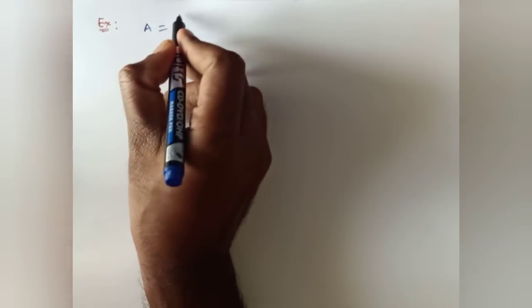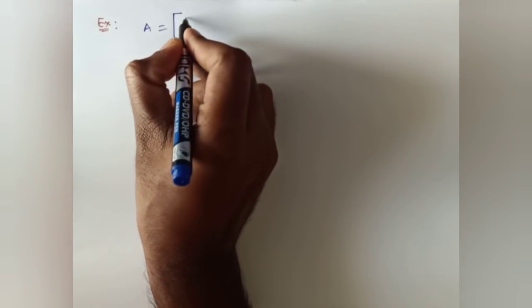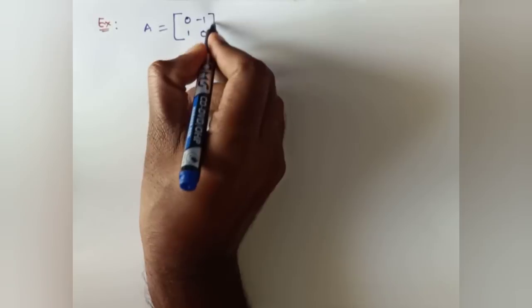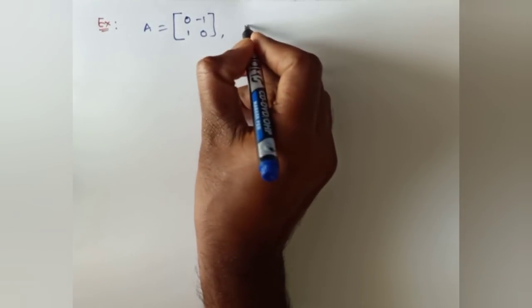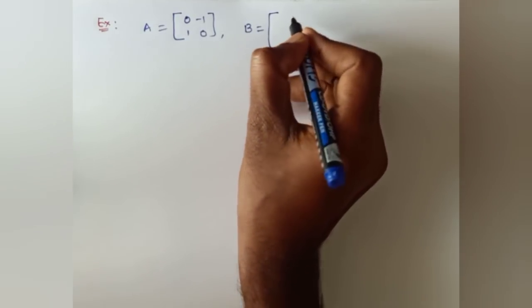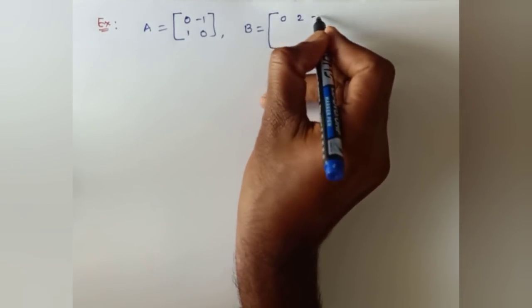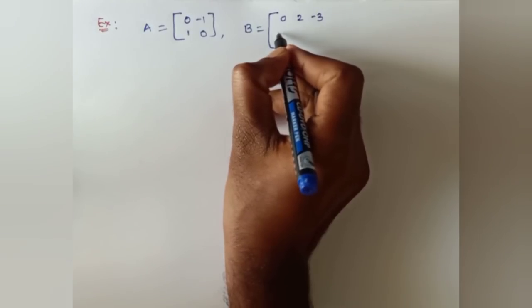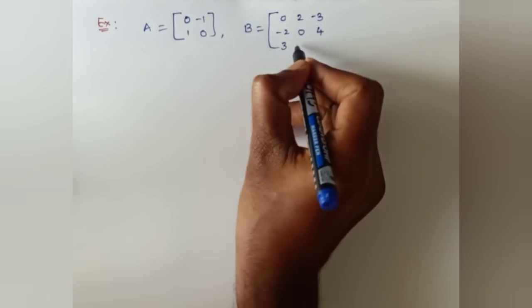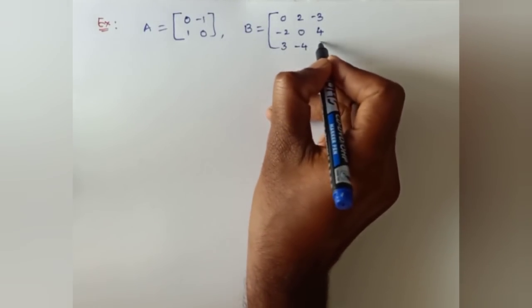Some more examples regarding skew symmetric. Here A is equal to 0, minus 1, 1, 0. And another matrix B which is 0, 2, minus 3, minus 2, 0, 4, 3, minus 4, 0.